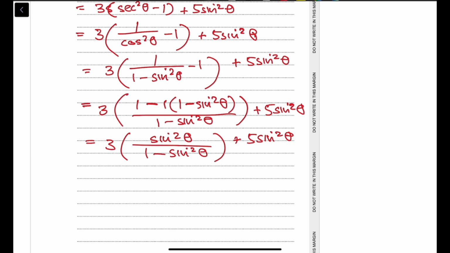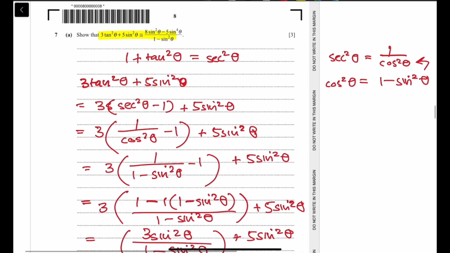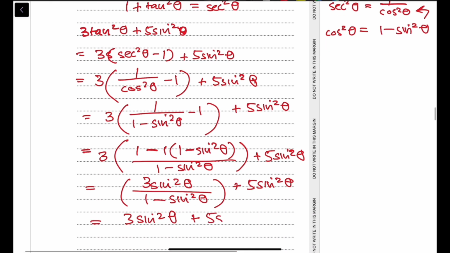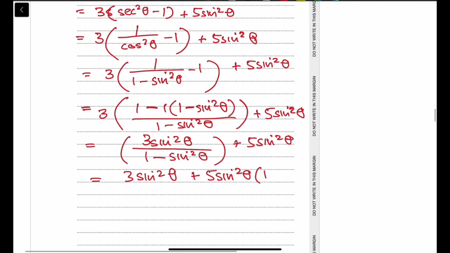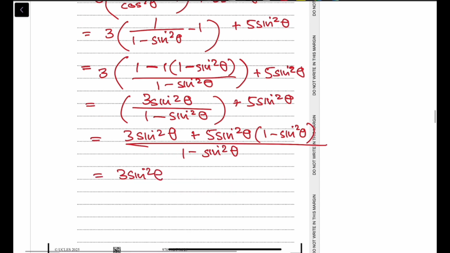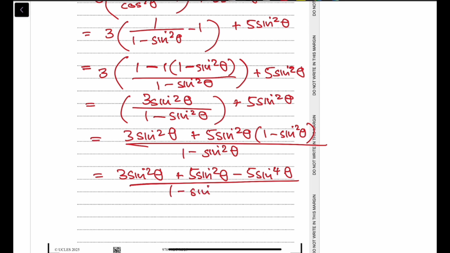I'm going to try and make this a whole fraction as well, so this 3 can go up here. And we just have to do 3 sine squared theta plus 5 sine squared theta times 1 minus sine squared theta, over 1 minus sine squared theta, which equals 3 sine squared theta plus 5 sine squared theta minus 5 sine to the power 4 theta over 1 minus sine squared theta.